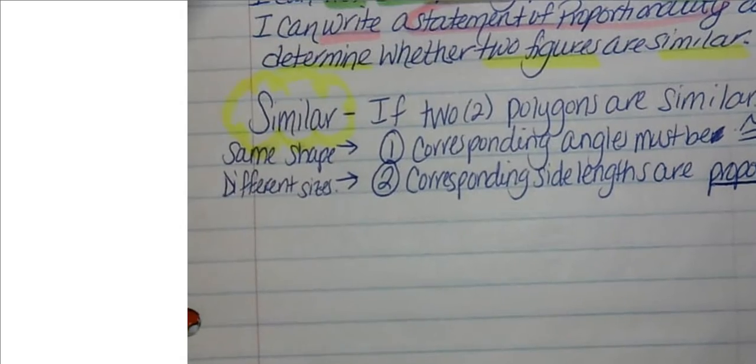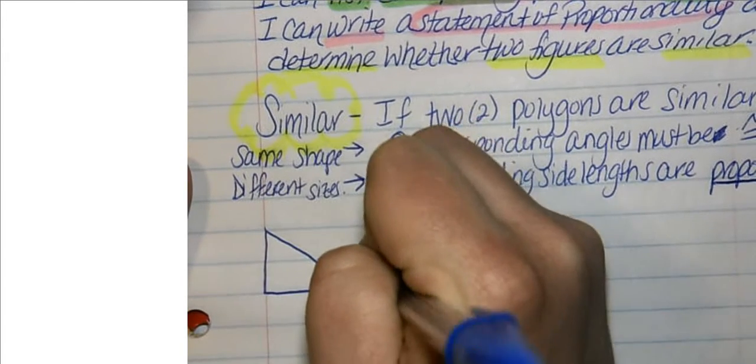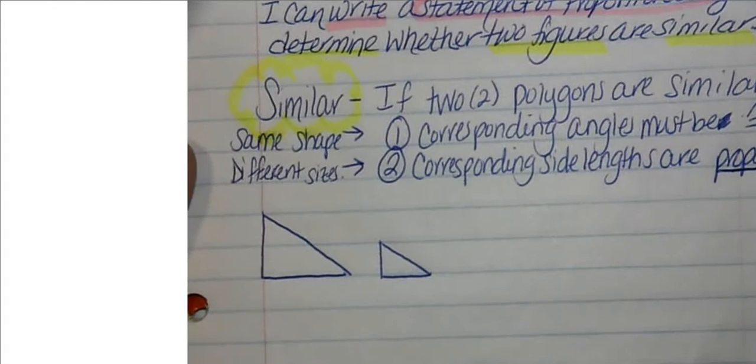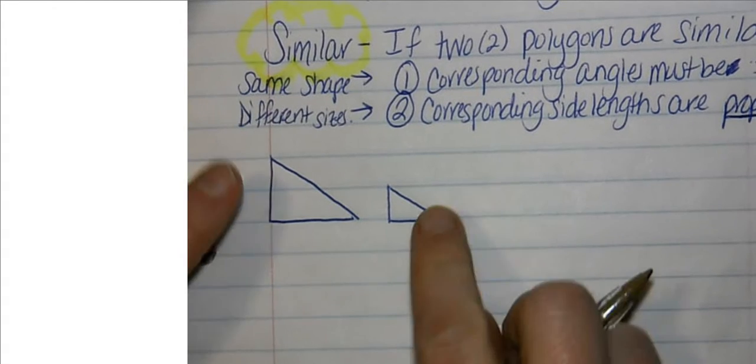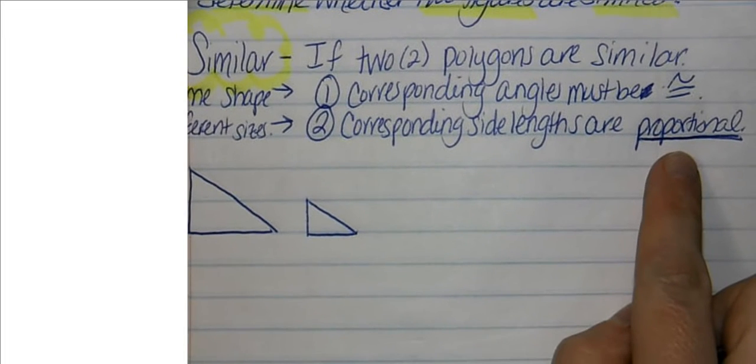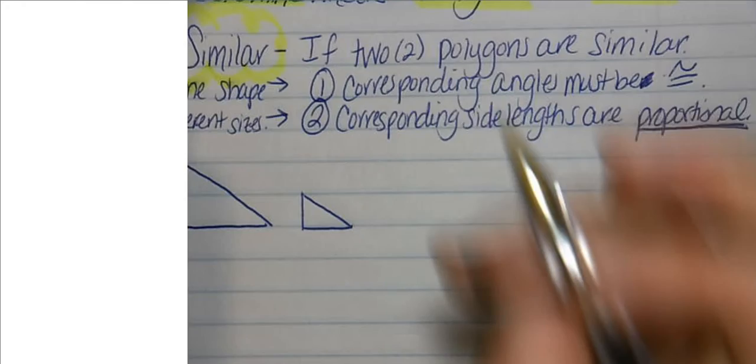So what that looks like is something like this. Let's say that I'm talking about a triangle. I can draw the same exact shape, but just a different size. Their corresponding side lengths will be proportional, meaning that all of the fractions, so what proportional means is this.